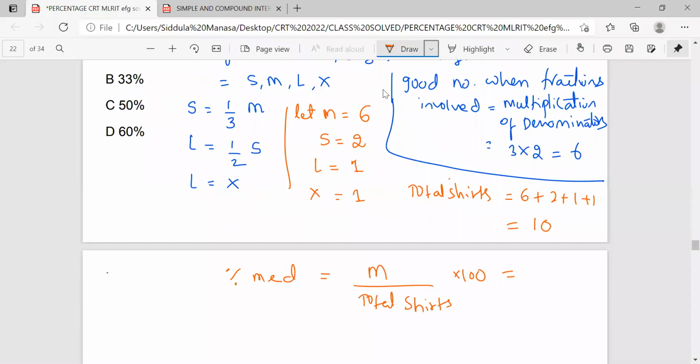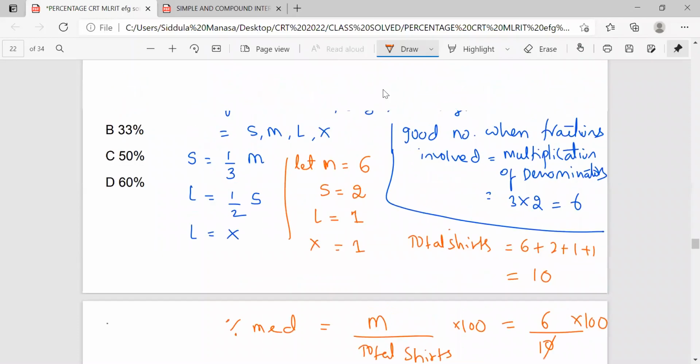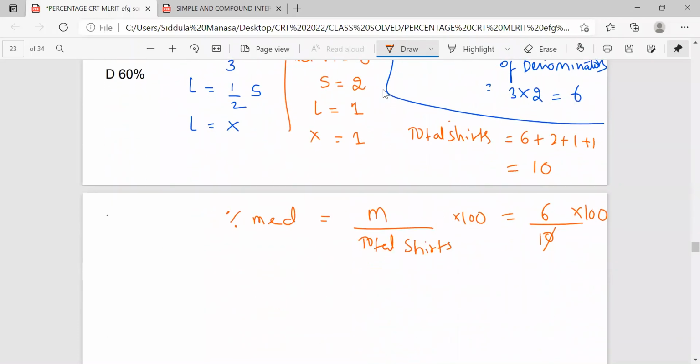How many medium sized sheds are there? 6 by total sheds 10, multiplied with 100. So the zeros cancel. Then what you are getting? 60%.